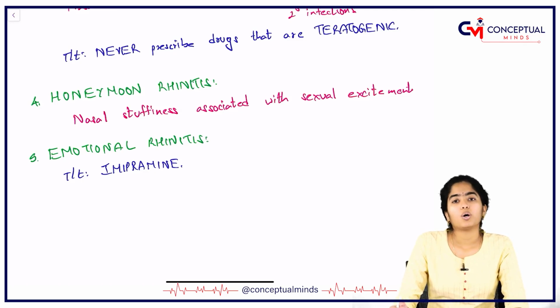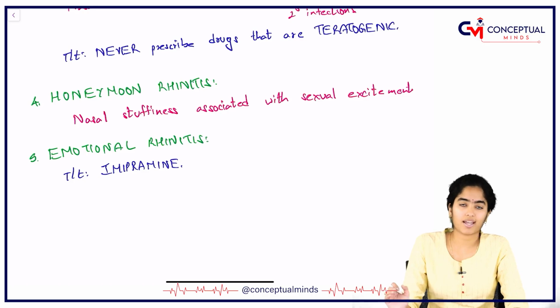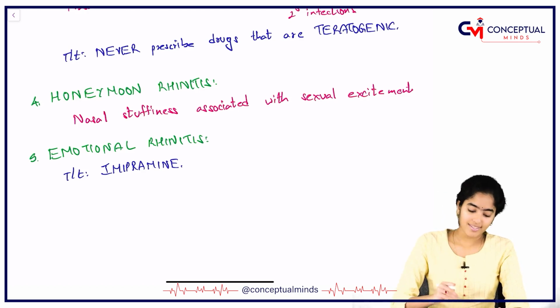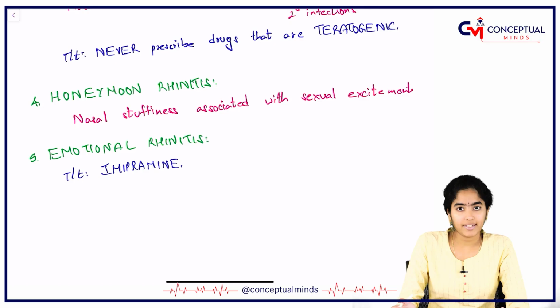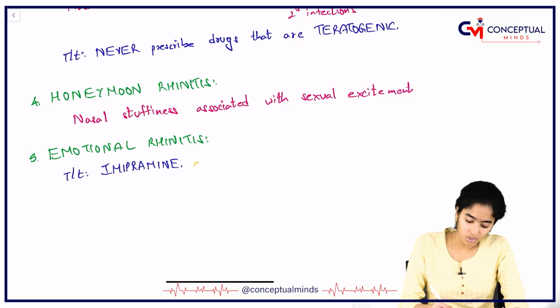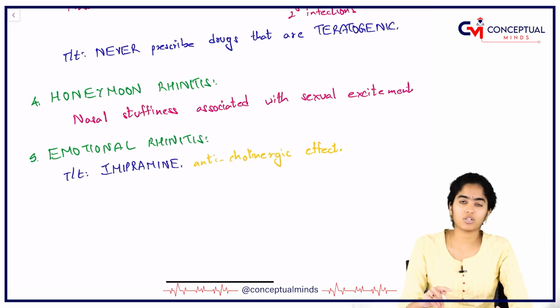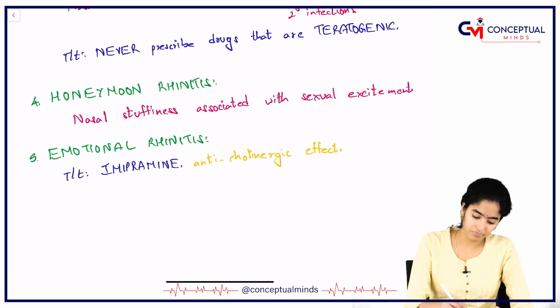As you all know, most of the antidepressant drugs have various types of adverse effects, and sometimes the adverse effects are actually beneficial to the patient. They are used in such a way that the patient gets benefited out of them. Like this imipramine, which is actually an antidepressant, has an anticholinergic effect. And this anticholinergic effect addresses the rhinitis part. So, we are treating the patient both for the psychological cause as well as for the rhinitis.